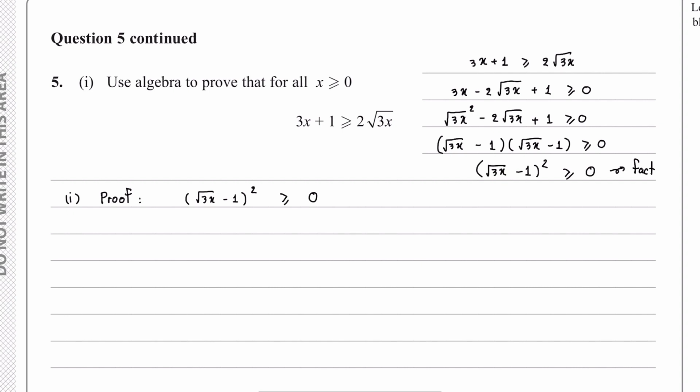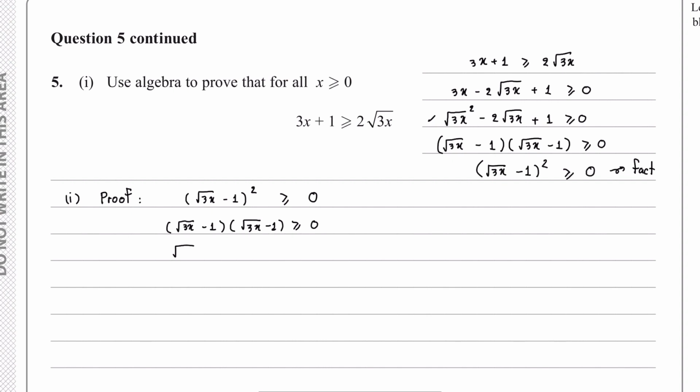And then you copy the plan from the last line to the first line. The next line will be (square root 3x minus 1) times (square root 3x minus 1), which is greater than or equal to 0. And then we copy the next line, which is this one.